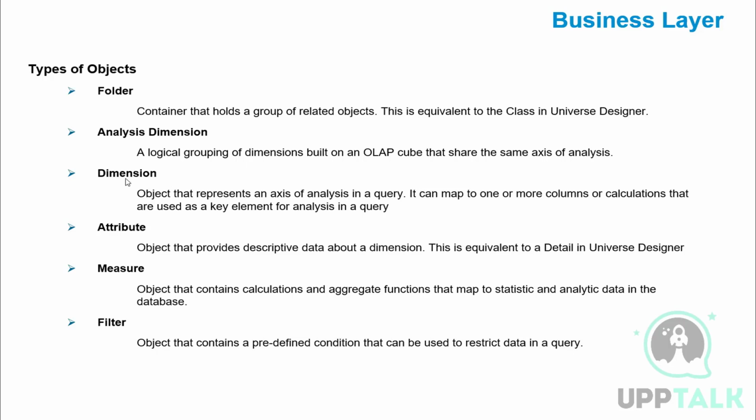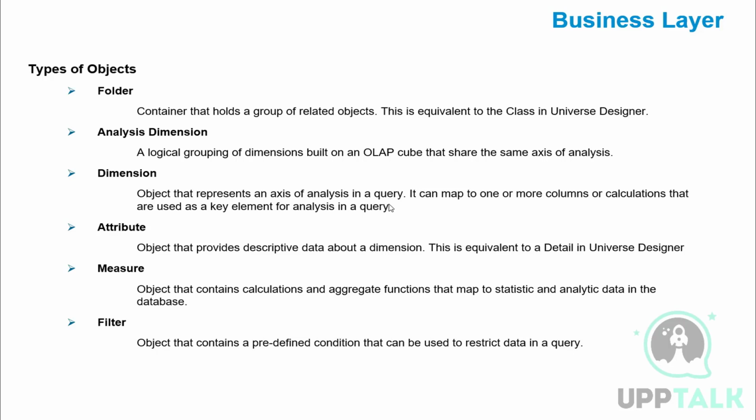And as I already told, the objects are of three types: dimension, attribute, measure. Dimension is like text data, like month or product name or product ID, anything which classifies the information. Our object represents the axis of analysis in a query.